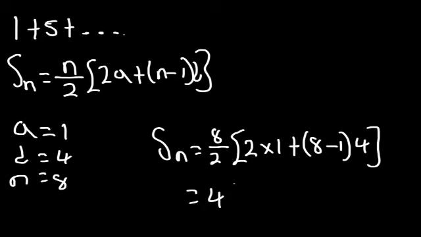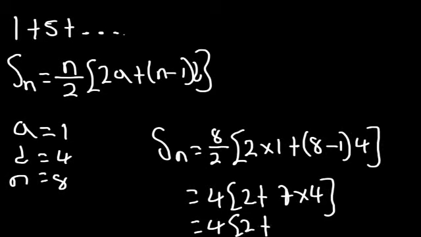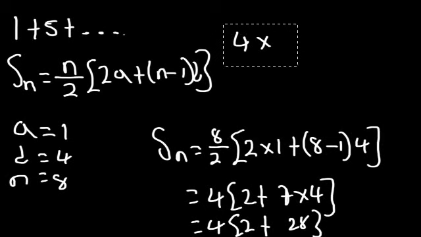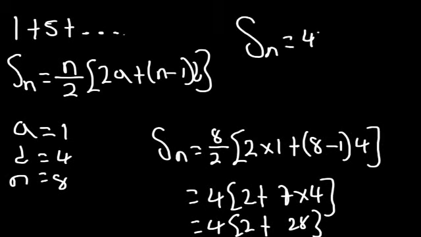So I have 4 multiplied by 2 plus 7 times 4. 7 times 4 is 28. 4 multiplied by 2 plus 28, that's 4 multiplied by 30. So 30 times 4 is 120. So S of 8 is 120.